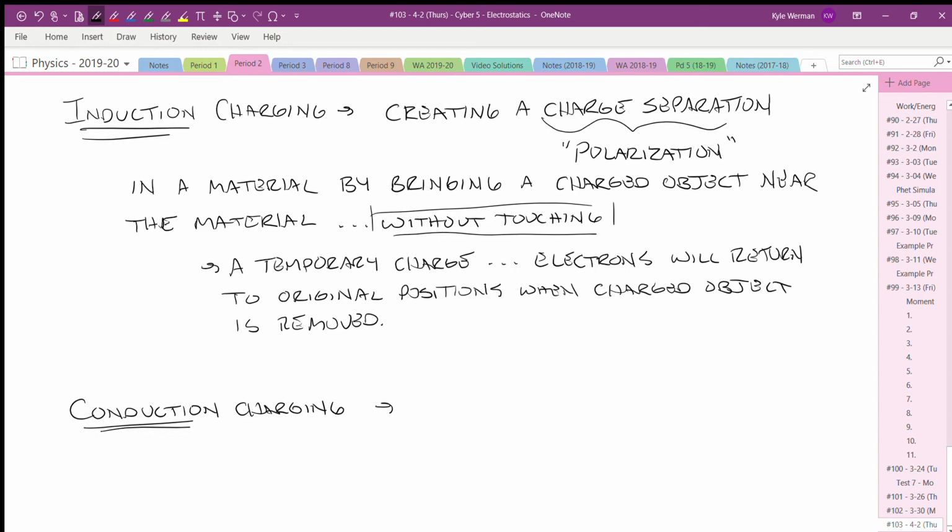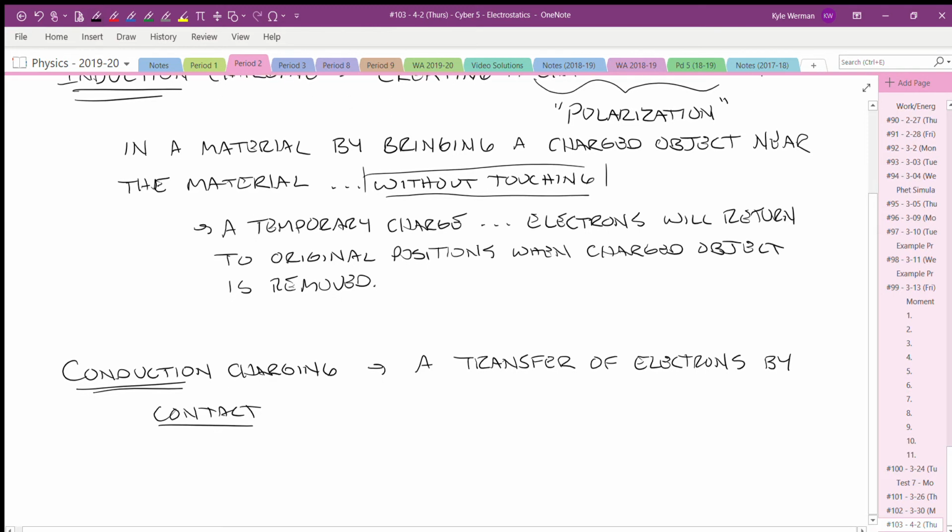So charging by conduction is a transfer of electrons. This time by contact between a charged object and a neutral conductor.